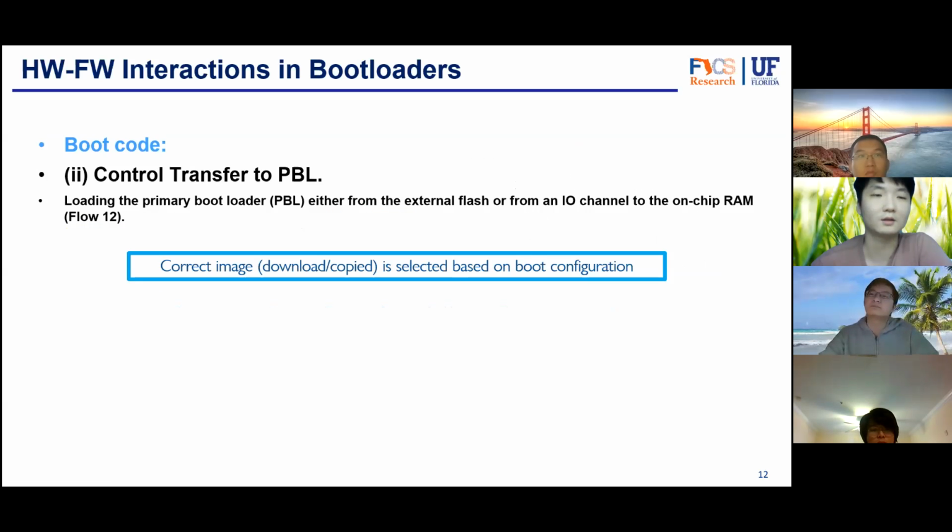The second task is control transfer to the PBL: loading the primary bootloader either from the external flash or from the I/O channel to the on-chip RAM. And this implementation corresponds to the correct image being selected based on boot configuration.